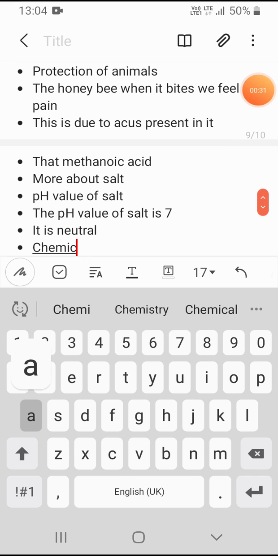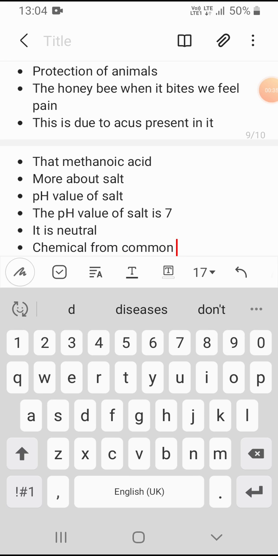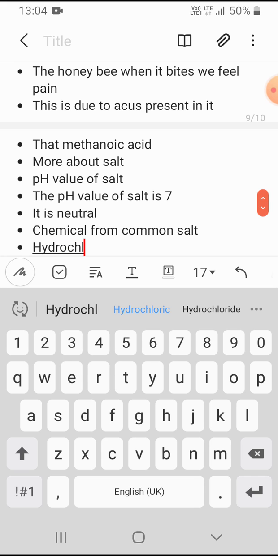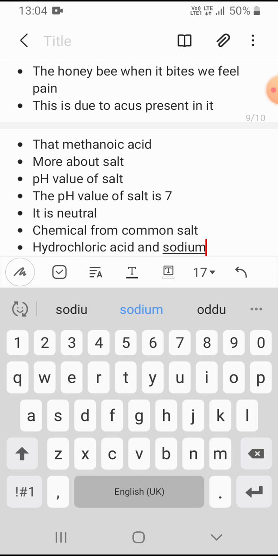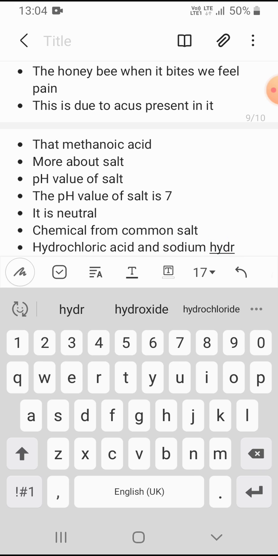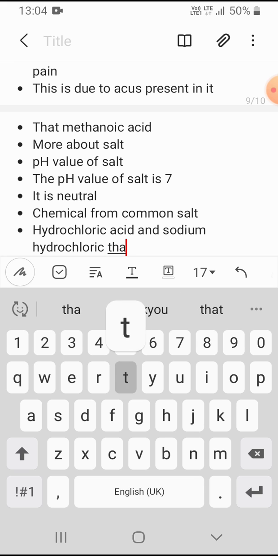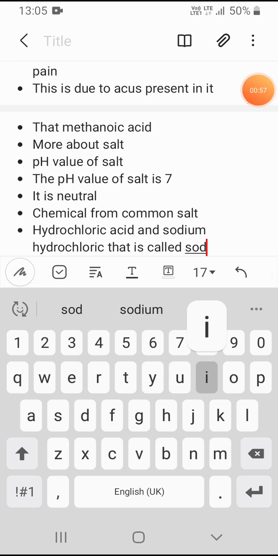Chemicals from common salt. Hydrochloric acid and sodium hydroxide combine to give sodium chloride.